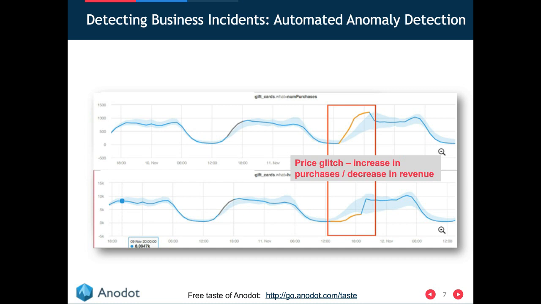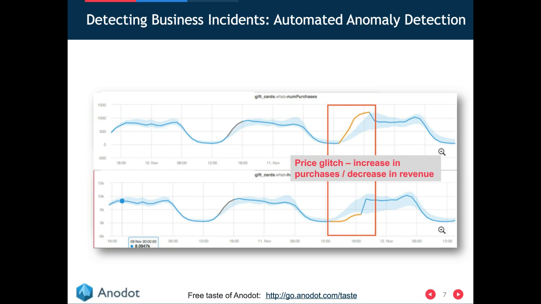Now, in this anomaly, what we see is that the number of purchases increases dramatically, but the revenue increases, but not as expected, which is indicated by the shaded area. So both are in an anomalous state, but the fact that the number of purchases went up and the revenue is not going up as fast is an indication that there is an issue.